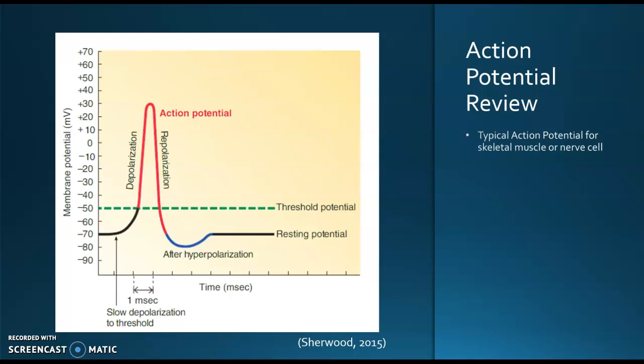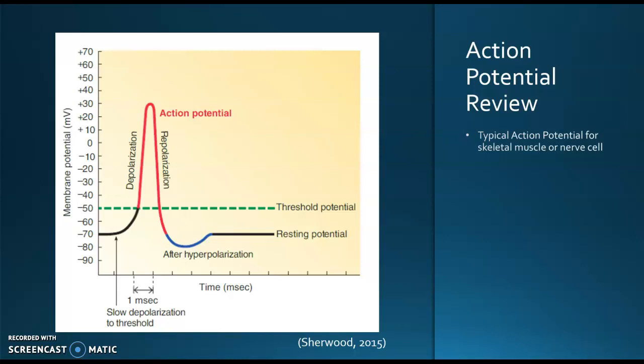You have some slow depolarization that happens to get to that threshold, and then you have rapid depolarization that peaks out at about +30 millivolts, which then inactivates those sodium gates that open, and your cell is able to repolarize as potassium voltage gated channels open and allow potassium to come back into the cell. So all of that happens very quickly.